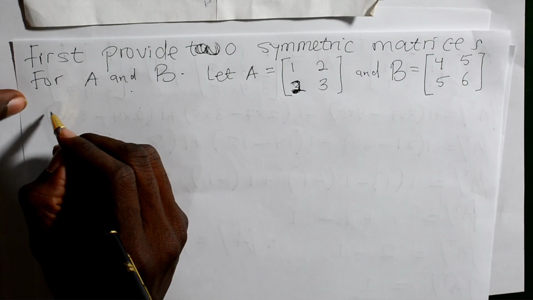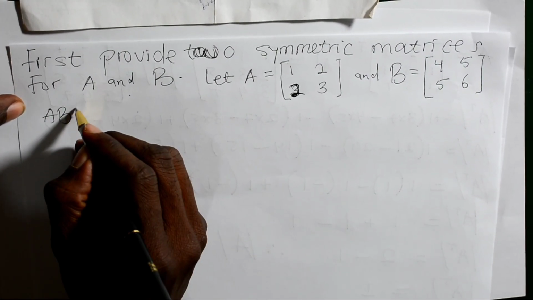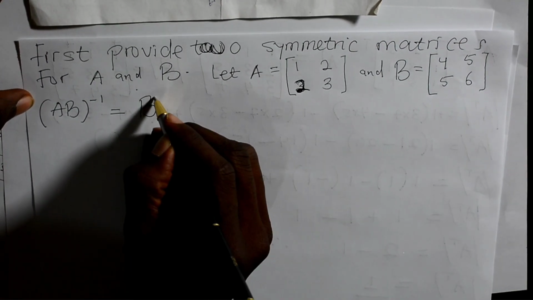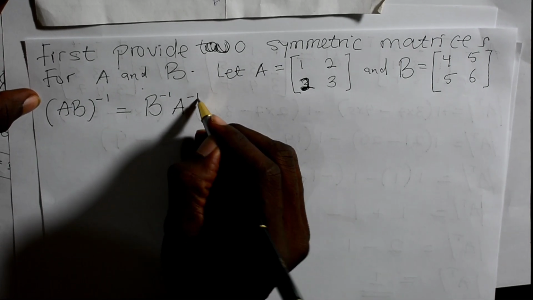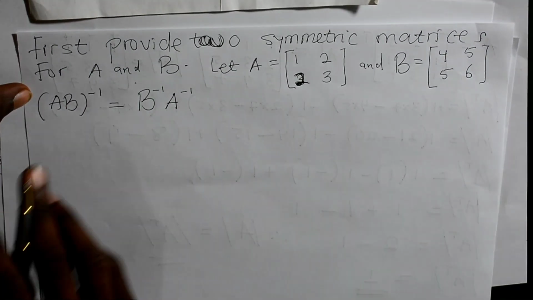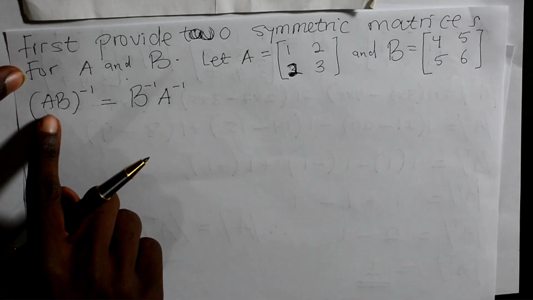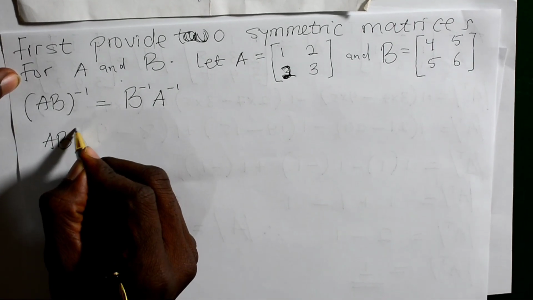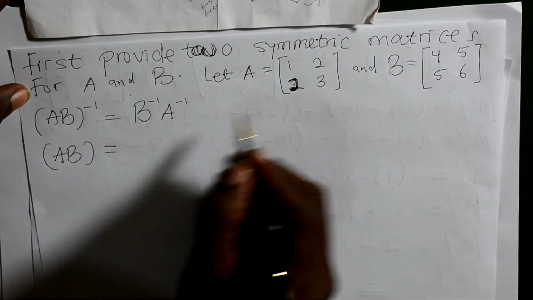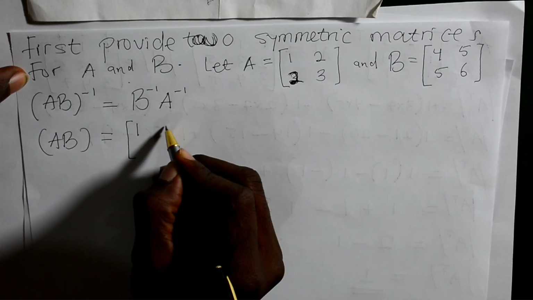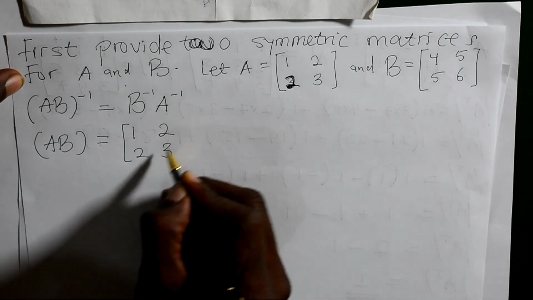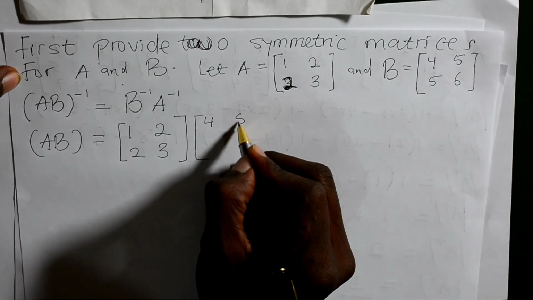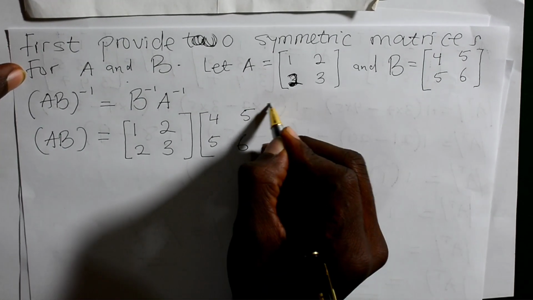So let's see how to solve this question. They said we are going to show that AB all inverse is equal to B inverse A inverse. This is very simple. First let's find one and go for the other, AB inverse. Now we are going to first find AB. This will be matrix A times matrix B, 1, 2, 2, 3, into matrix B, 4, 5, 5 and 6.